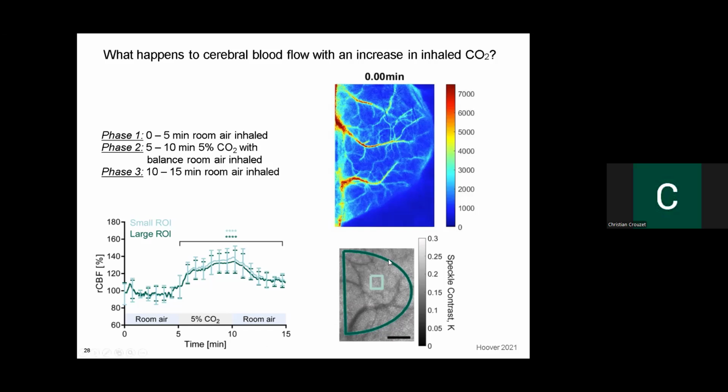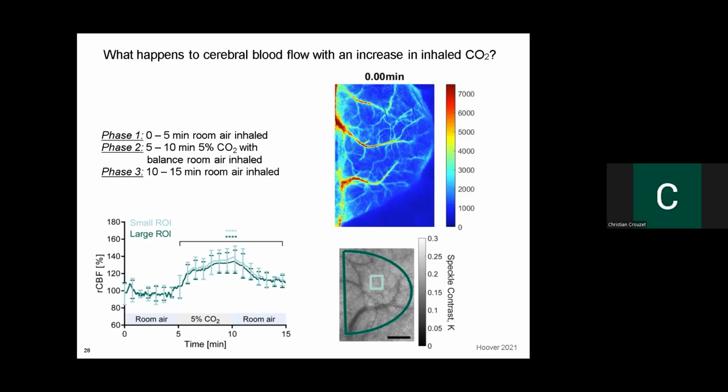Sure. In this, it's basically taking from this image where we have our contrast. We generally will have a large, what we call a global ROI, where we're taking areas where we see vessels and where we see no vessels, and it's more of a total perfusion measurement. At each time point, we have a raw image, we convert it to a spectral contrast image, and then with everything in that region of interest, we take the average value out.